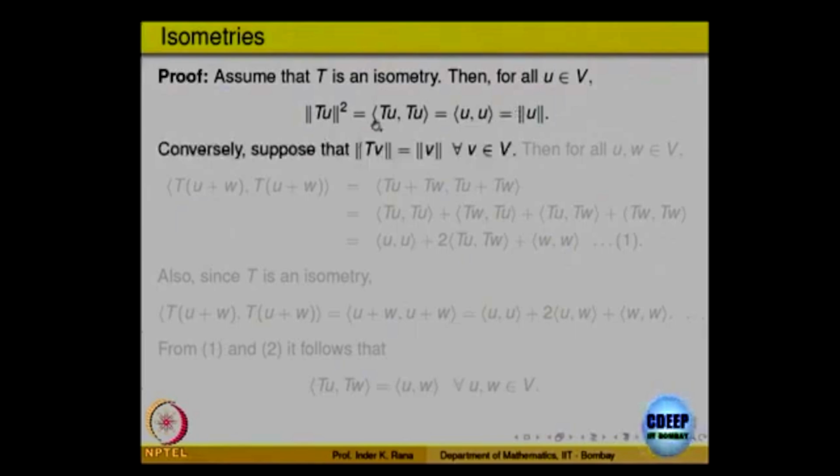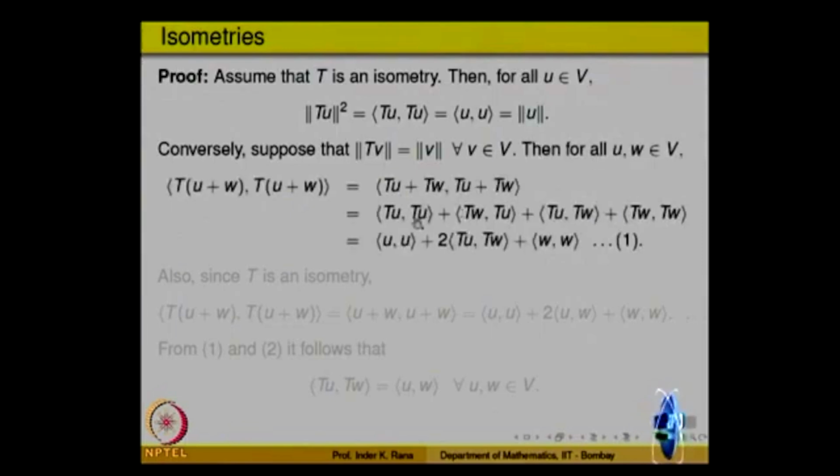Conversely, let us suppose T has the property that it preserves the magnitudes. We want to show it also preserves the angles, it also preserves inner product. So for that, let us take any two vectors U and W, look at the sum, and look at the image of U plus W and its inner product with itself.